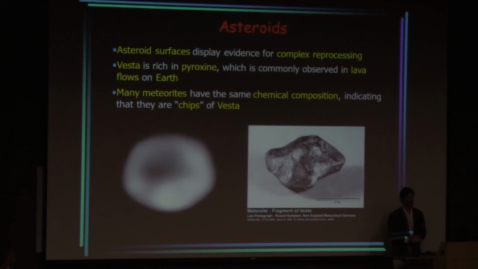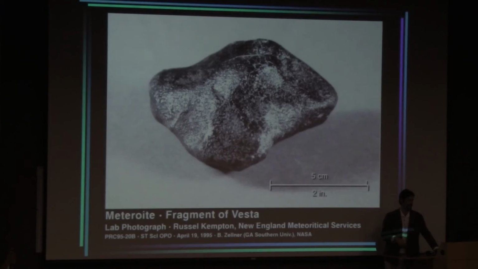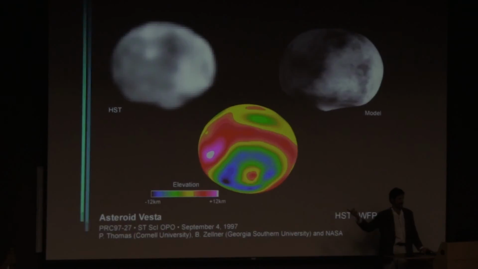Ironically, we've been able to learn about Vesta by studying meteorites, which we know are chips off of it because of this comparison between chemical analysis of the meteorites and spectroscopic observations of Vesta. So this is an example of a fragment. This is only a few inches across.